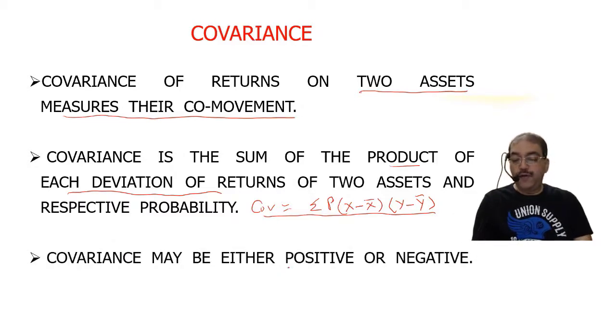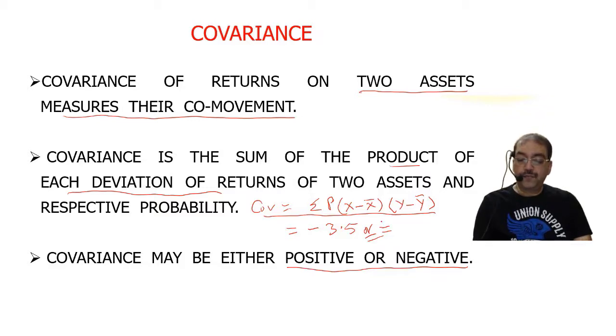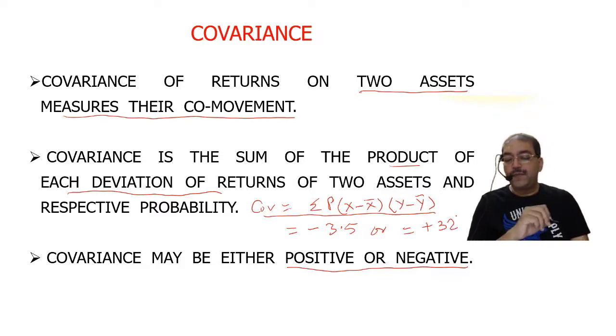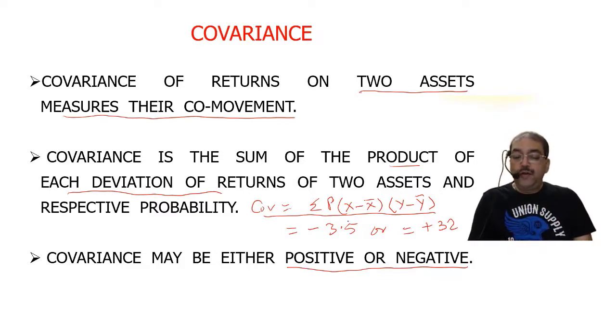Covariance may be either positive or negative. That means whatever answer I get over here, it will be either something like minus 3.5 or some positive figure, say positive 32. Now I am not concerned with the figure here. I am not concerned with the value.